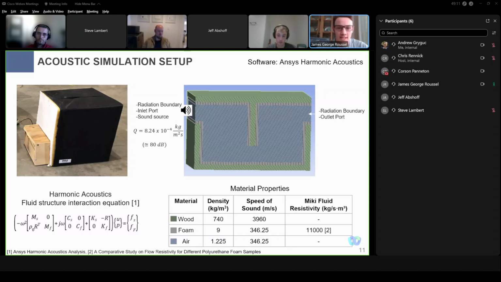The device you're seeing here was a validation build that we did, just something simple to make sure our simulations were valid so that we could use them to do our iterations.